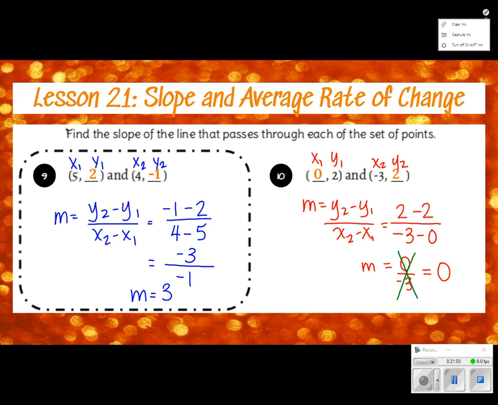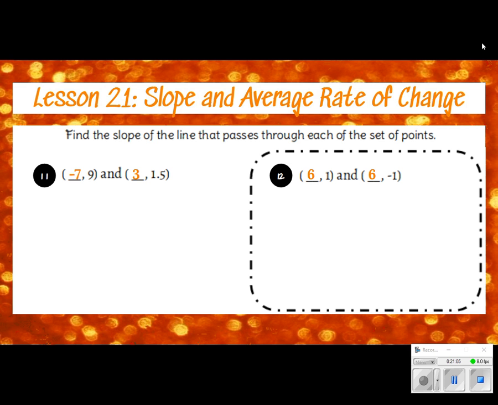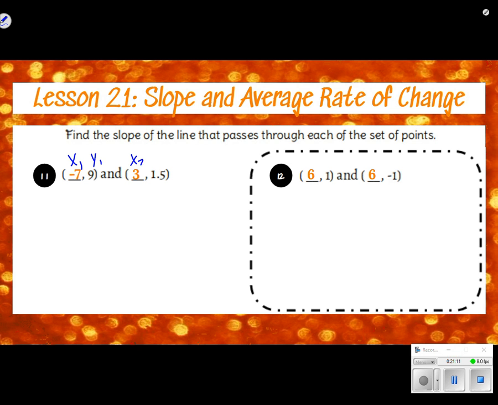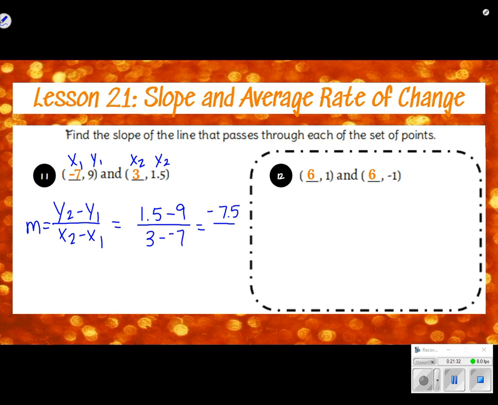All right, let's look at 11 and 12. So for 11, y2 minus y1 over x2 minus x1. So 1.5 minus 9 over 3 minus -7. 1.5 minus 9 is -7.5. 3 minus -7.